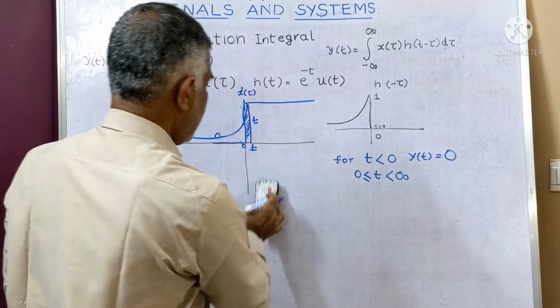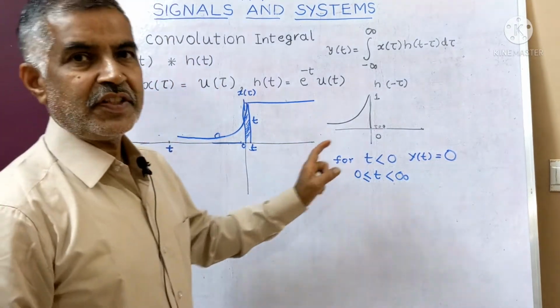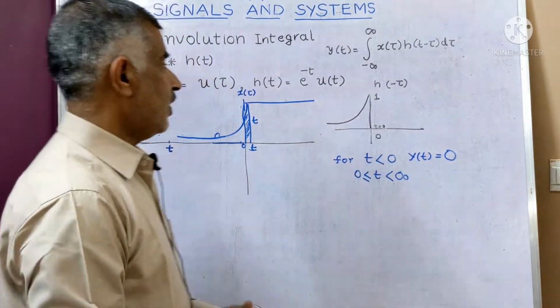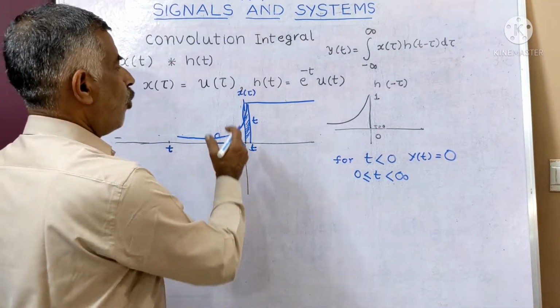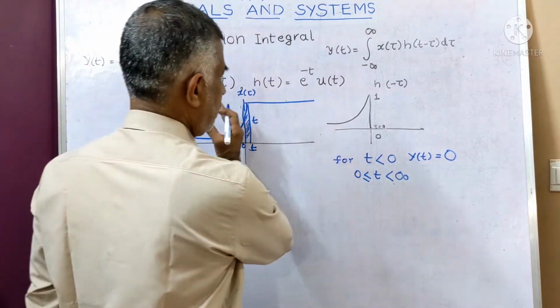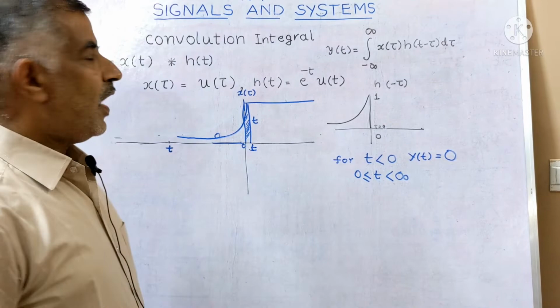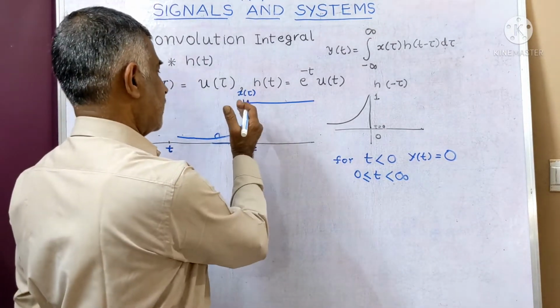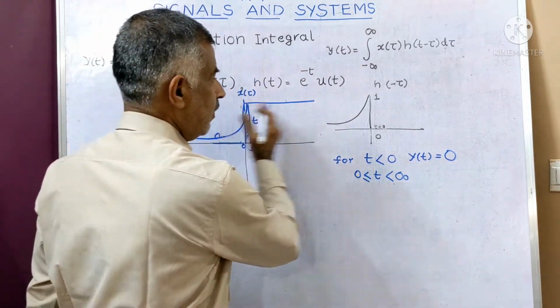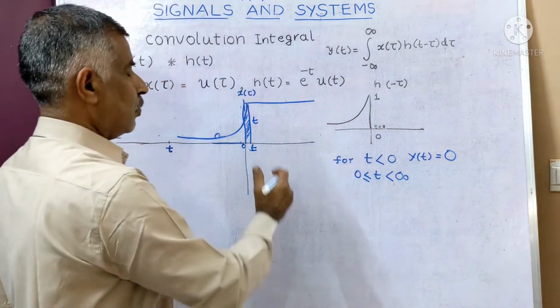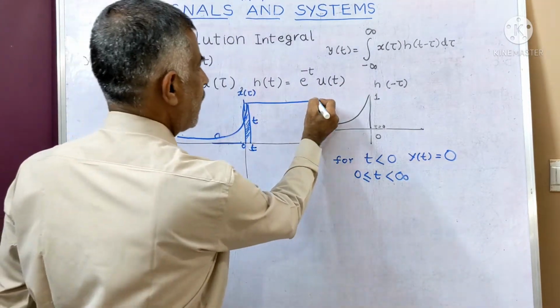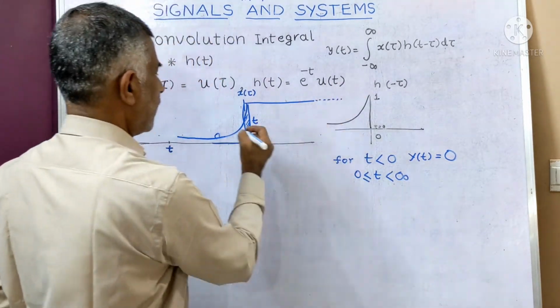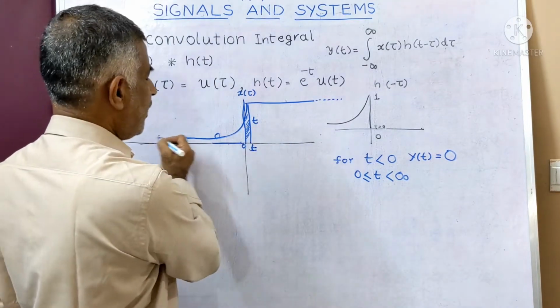And one thing, before doing integration, first fix up the interval. How long are you going to move this exponential curve? We have to move this exponential curve till infinity, because this also extends up to infinity, and this is also coming from infinity.